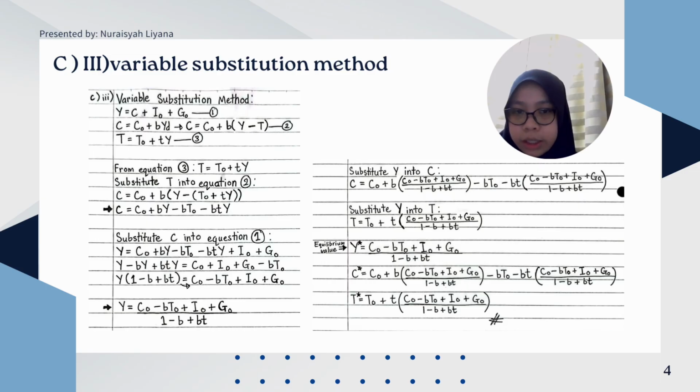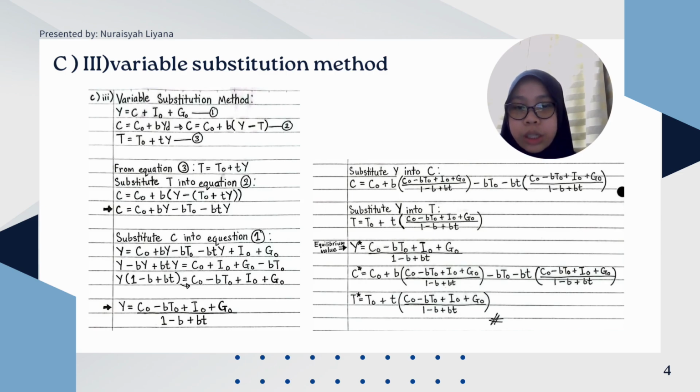Okay, so we can get Y, open bracket, 1 minus b plus bt, close bracket, equals C0 minus bT0 plus I0 plus G0.